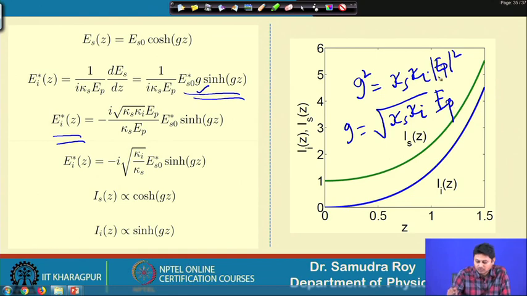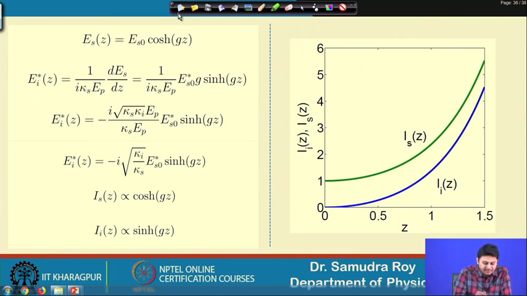We consider there is no phase associated with p, this is a strong pump, and if it has a phase, then we can consider this phase to be 0. Then we can simply write mod of E p square is equal to E p. So if I write this, E p will cancel out, and eventually we will have one term: minus I root over kappa I s E s star 0 sinh g z.